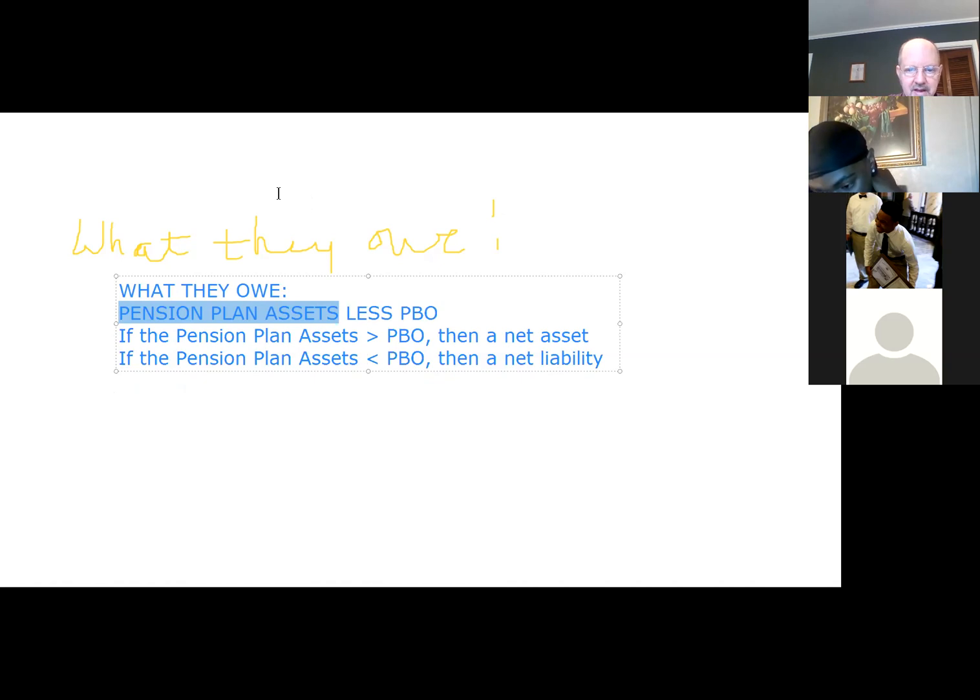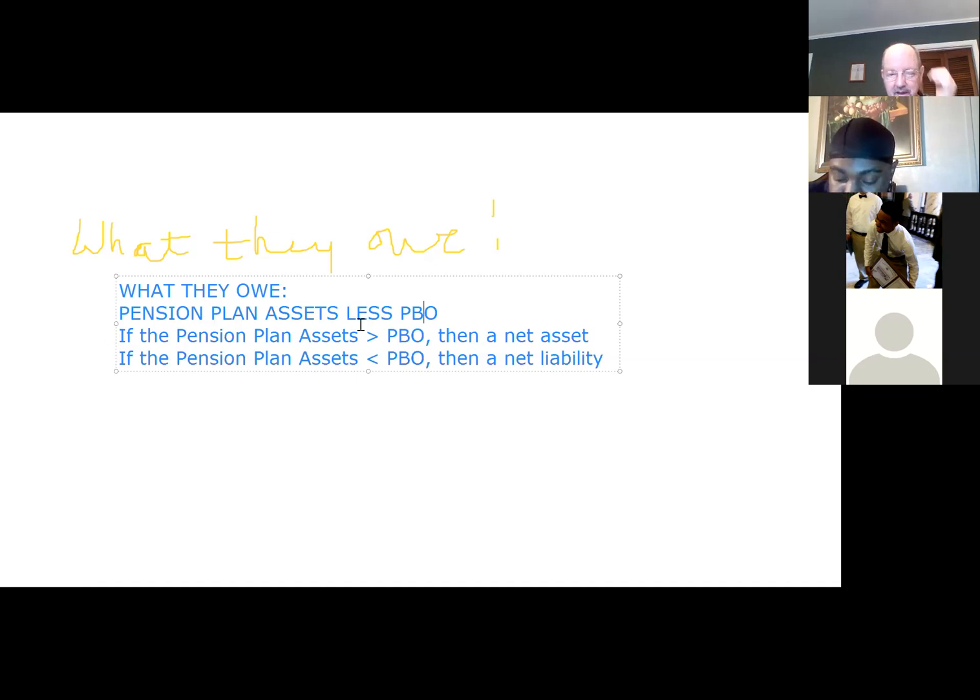Pension plan assets is what's been invested on their behalf. PBO is what they owe. So if more has been invested than they owe, it's a net asset on the company's financial statements.